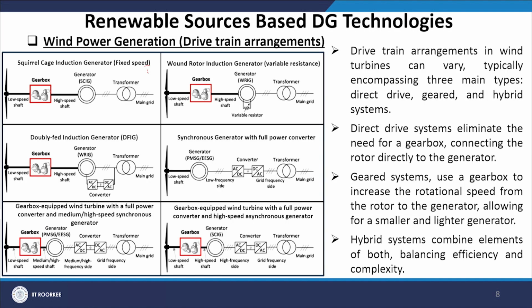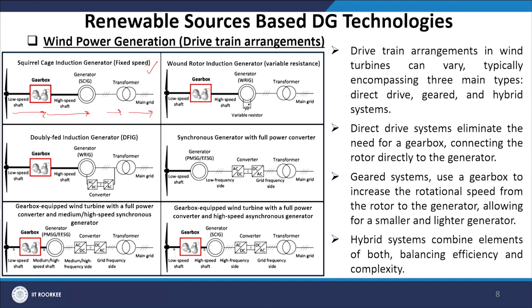Now, these are different arrangements. So, wind power generations have different technological arrangements you can foresee. The first one is the so-called squirrel cage induction generator, where you have the turbine followed by a gearbox, followed by a generator, SCIG, and then a transformer, then connected to the main grid.